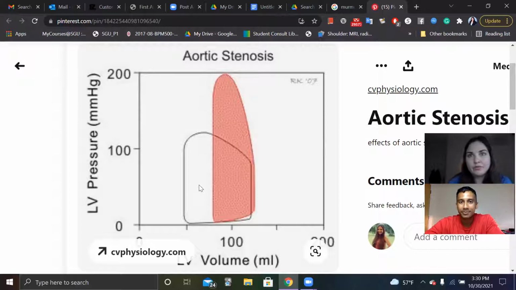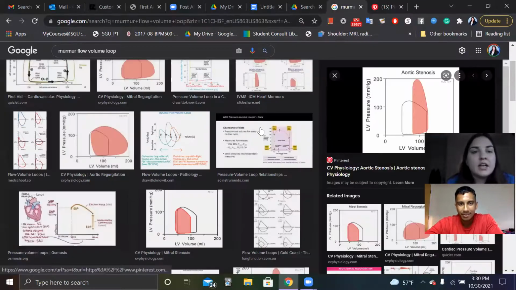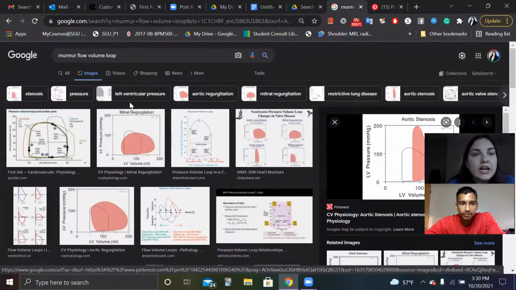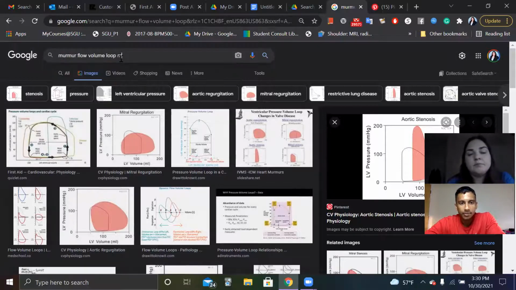Yeah. And one of the things you'll notice is with all the stenoses, your stroke volume is low because it's a stenosis. You can't get fluid out. So I want to look at the other stenosis, mitral.